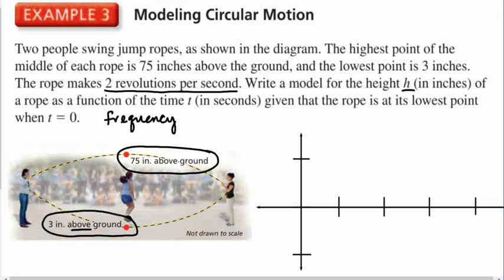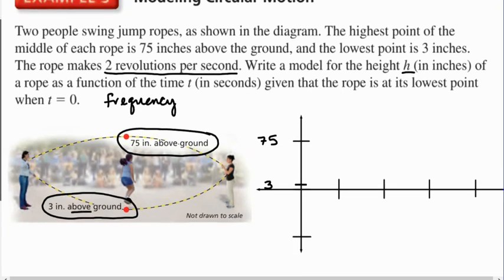Okay, so first, in order to find the k value and the amplitude and all that good stuff, let's just go ahead and plot this, right? We have the highest point is going to be 75 inches above the ground. And the lowest point, it's not actually going to touch the ground. So the lowest point is going to be 3. So I want to find halfway between those 2 points. In order to do that, I'm going to add them, right?